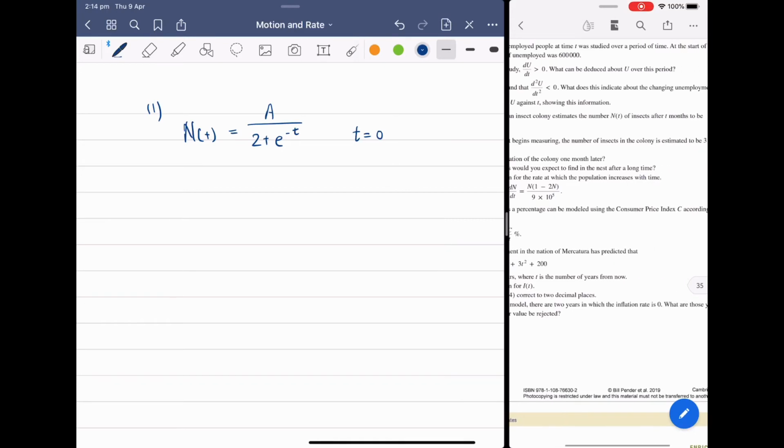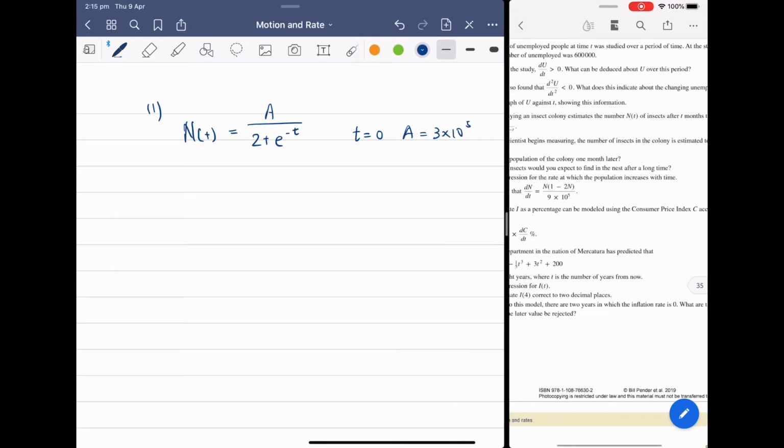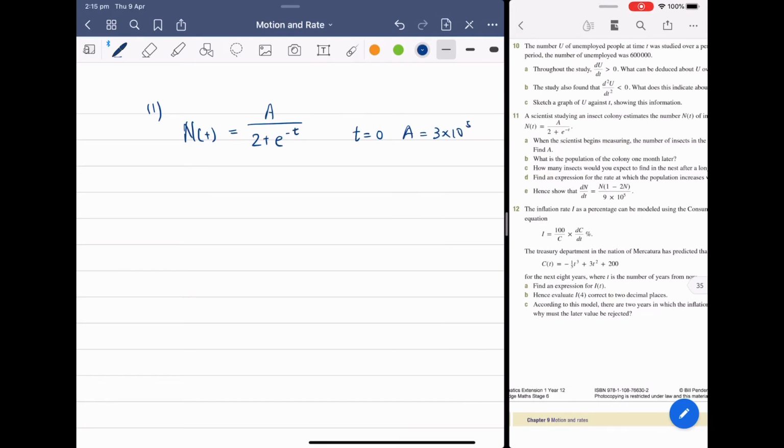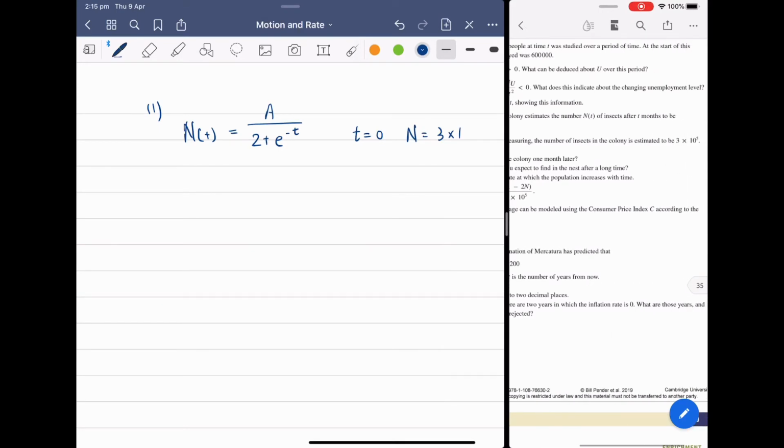The number of insects is N, which is equal to 3 times 10 to the power of 5, and the question asks us to find A. So what we do here is just a substitution.